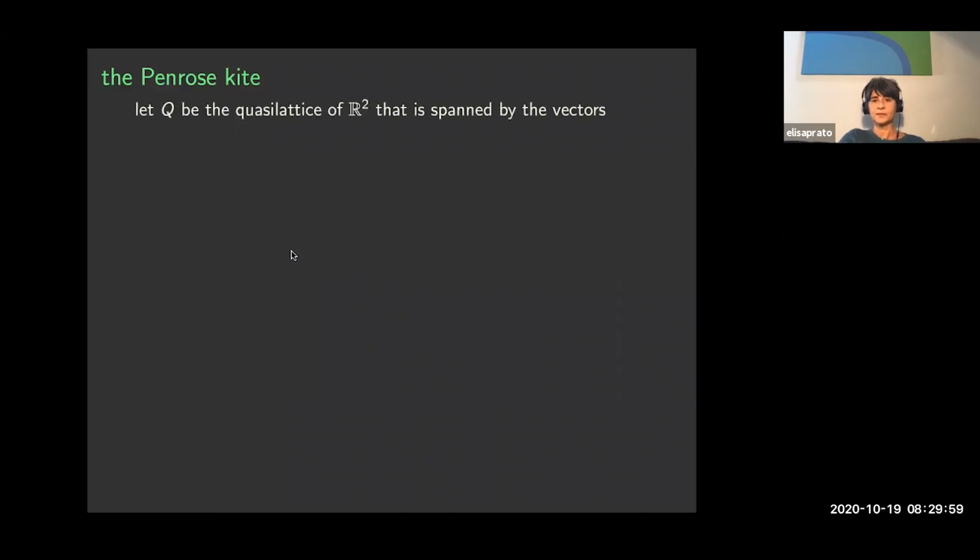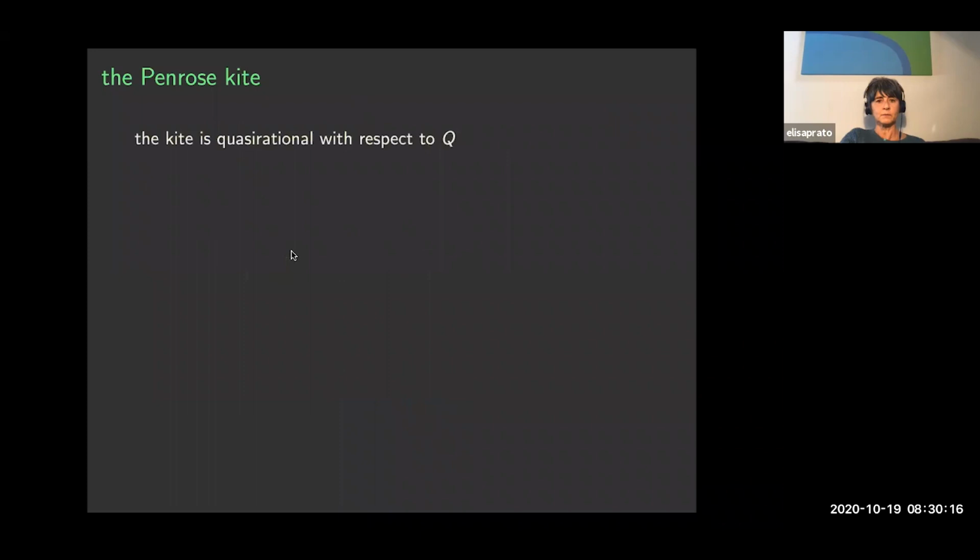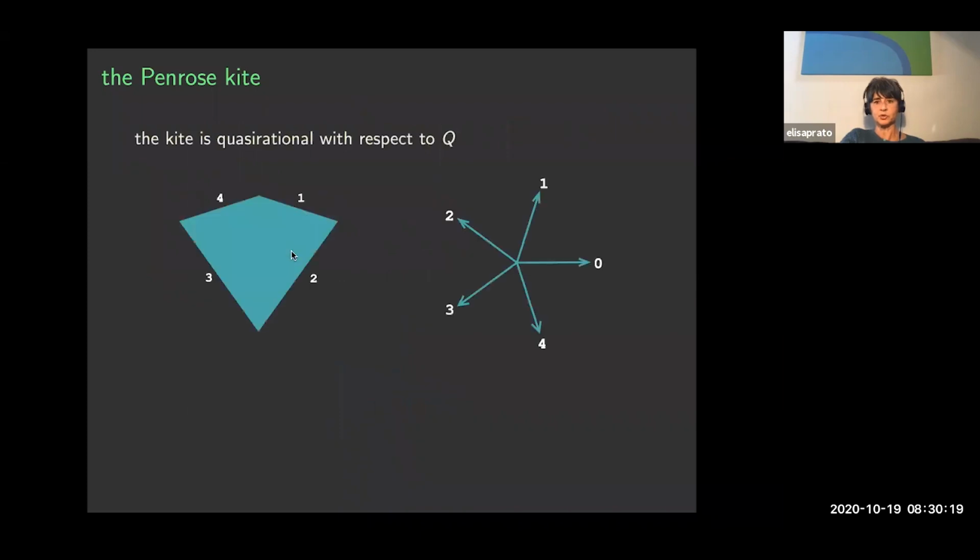And as quasilattice, we consider the following vectors in R2, which are portrayed by this star, phi at the 5th root of unity. And the kite is quasi-rational with respect to this quasilattice.